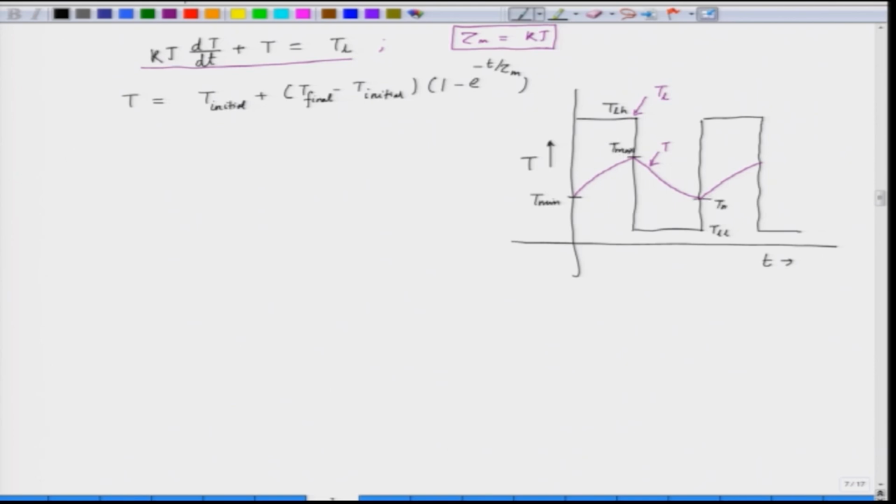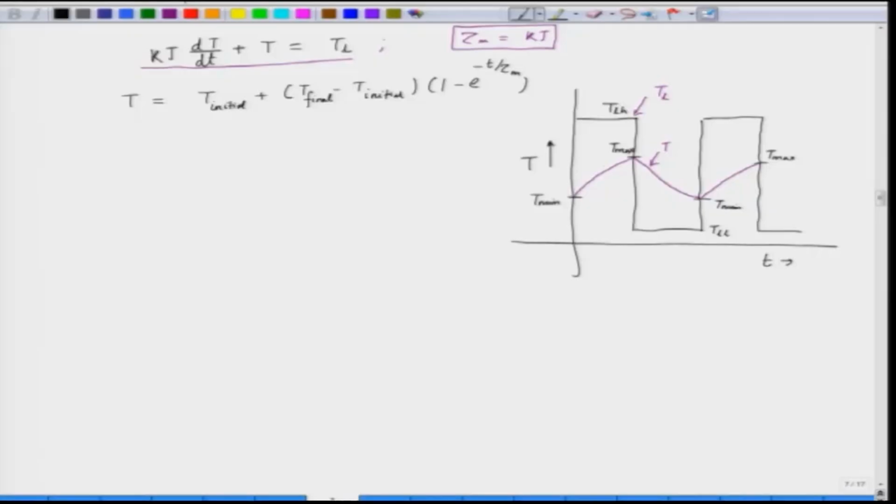Which means although the load variation is quite drastic, the motor torque variation is more or less smoothened out. So, it is between something like T minimum and T maximum, and this curve is an exponential curve, T minimum to T maximum to T minimum.